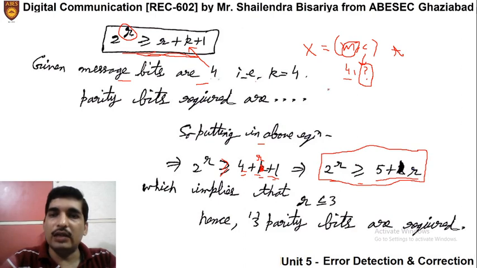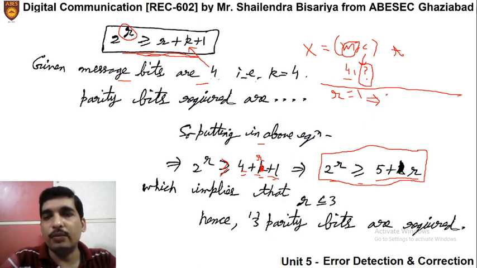Let us do that. Let r be equal to 1. Then 2 to the power 1 should be greater than or equal to, as per the expression, 5 plus 1, that means 6. So 2 is not greater than 6, so it is not correct. That means r cannot be 1.